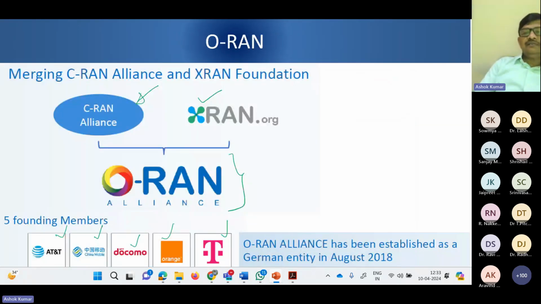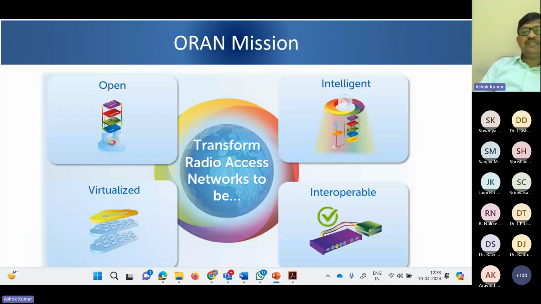And then what is the mission which they want to achieve? The mission related to ORAN is that ORAN architecture should be completely open, in the sense that RU, DU, CU can be purchased from different vendors and can be deployed on a virtualized environment.